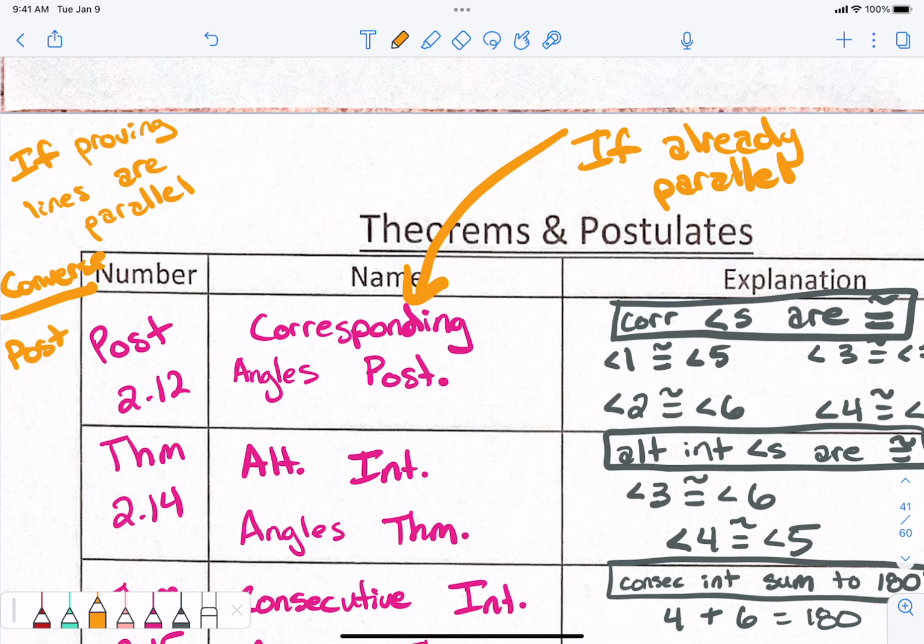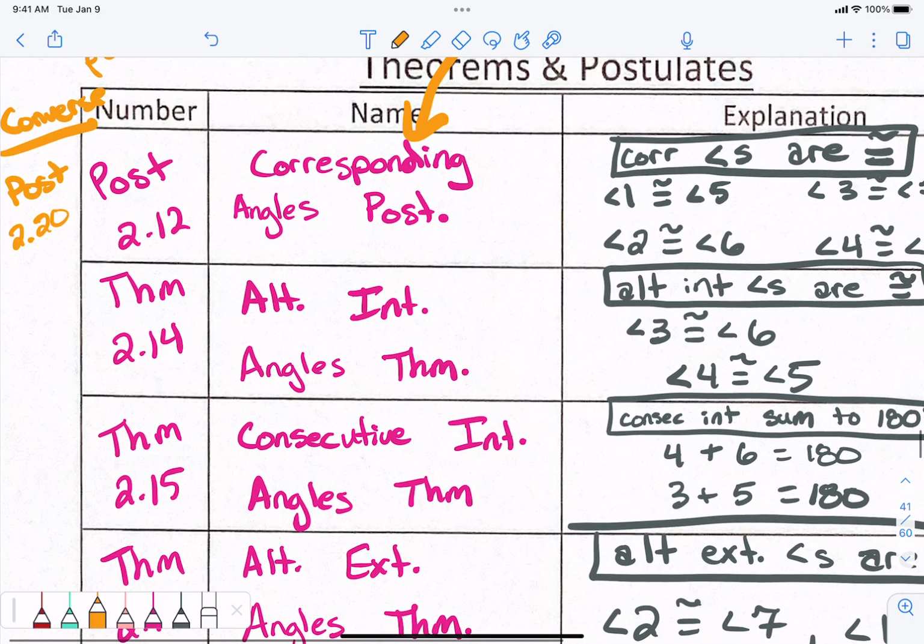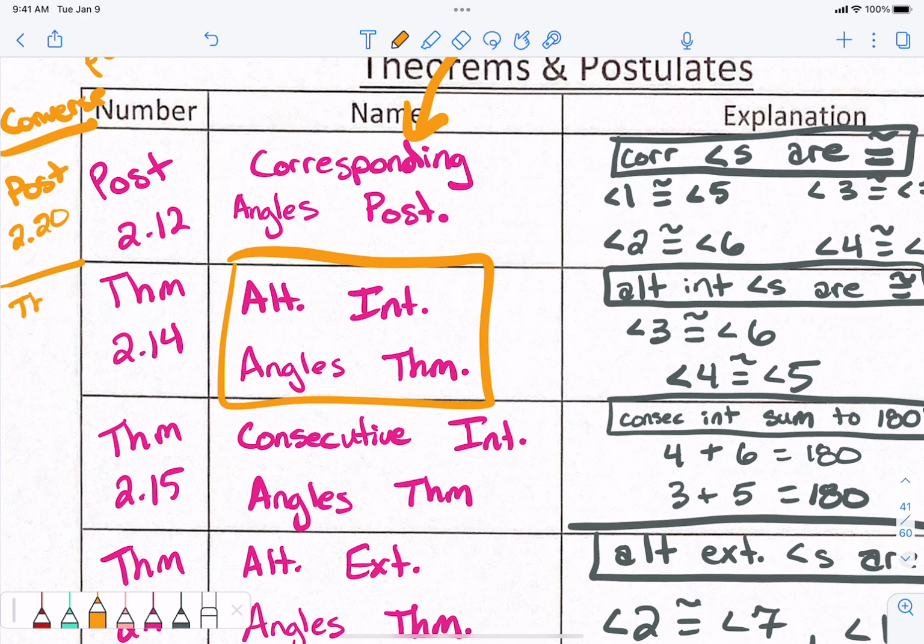On your notes, I'll let you get that written in. Postulate 220. All right, alternate interior angles theorem. If I want to do its converse, what's the converse of that one? Interior is the next one. They might not go in order. 222.